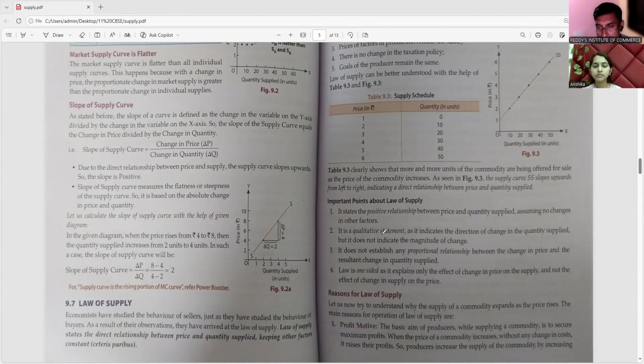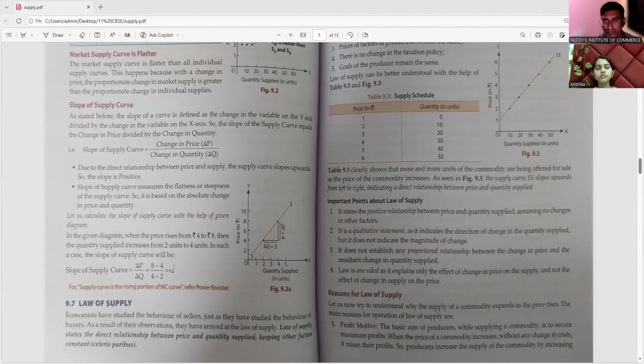Now it is a qualitative statement, as it indicates the direction of change in quantity supplied, but does not indicate the magnitude of change. It means the direction of change in quantity supplied, like this upward side, is given, but it does not indicate the magnitude. It is going upward normally.